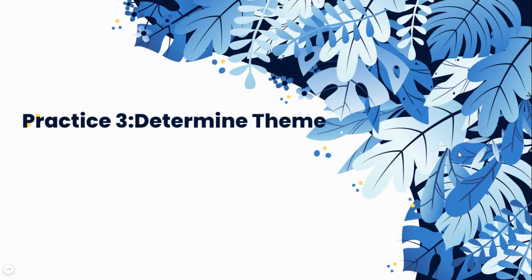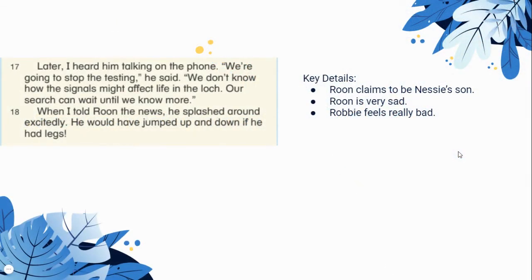Practice 3, determine theme. We have been identifying key details to determine the theme of Robbie's Secret Friend. So far, we have Rune claims to be Nessie's son. Rune is very sad. Robbie feels really bad.